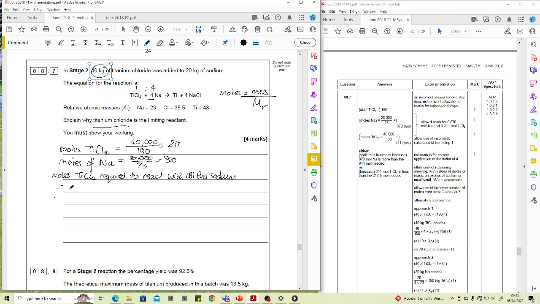The number of moles of titanium chloride required equals 1/4 of those of sodium.